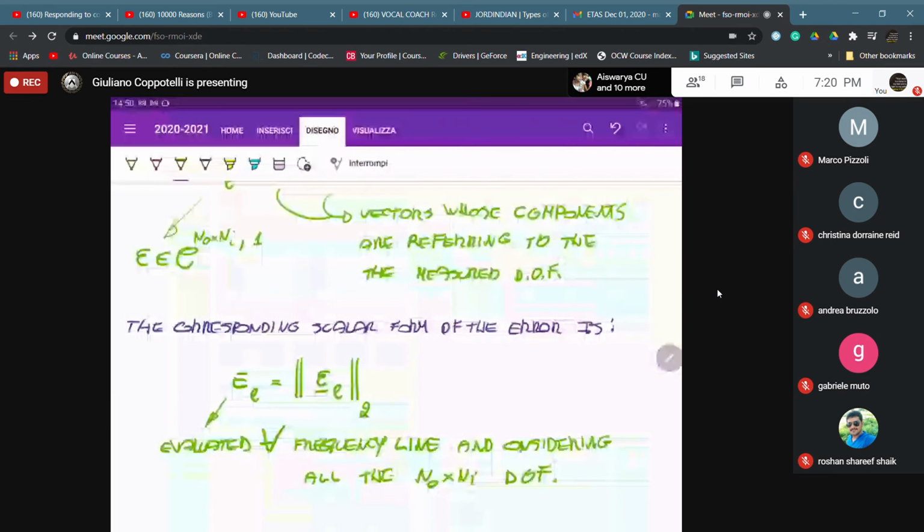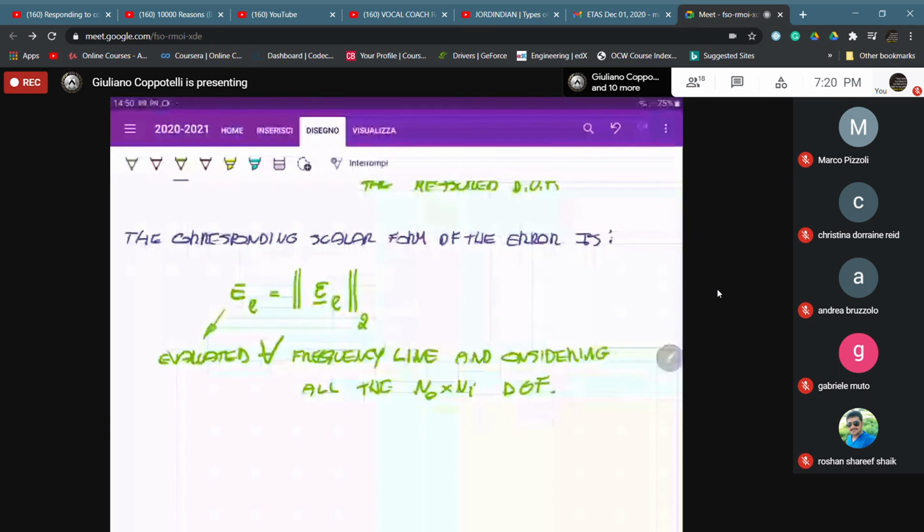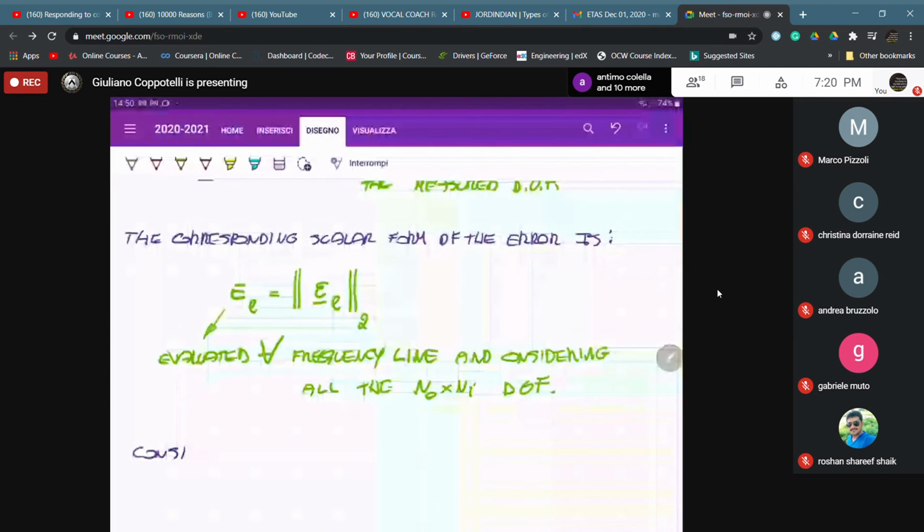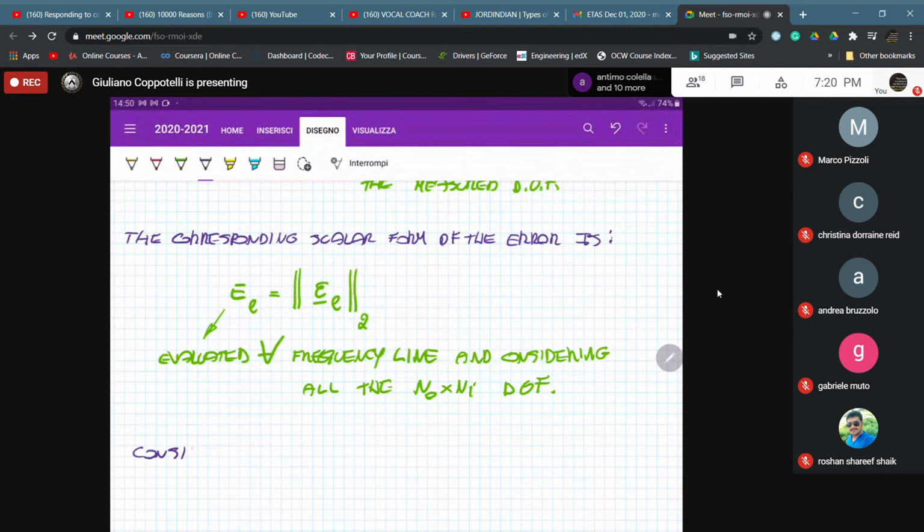Okay, now we can move from this error for each frequency line to just one scalar, considering now all the frequency lines.